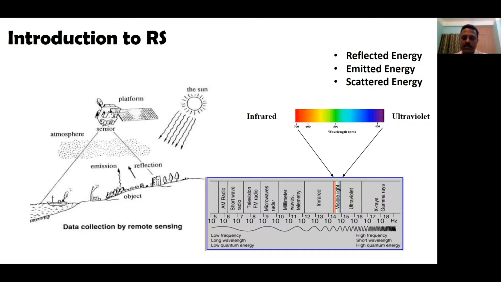In optical remote sensing itself, there is a slightly higher range of wavelengths which are also engaged. That means more than 700 nanometers.